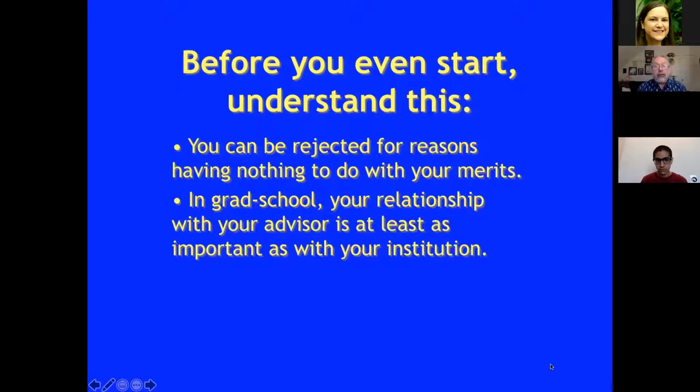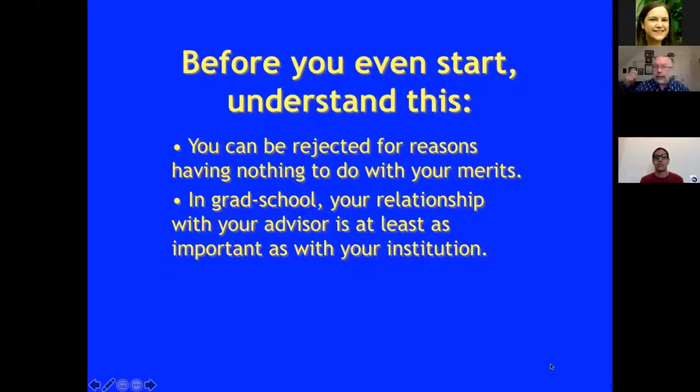That is because in grad school, you are apprenticing yourself to a creator of knowledge. You are connecting with an academic advisor, and your relationship with that advisor is at least as important as your relationship with the institution that your advisor is employed by. All right. And so just start to think about what that means.